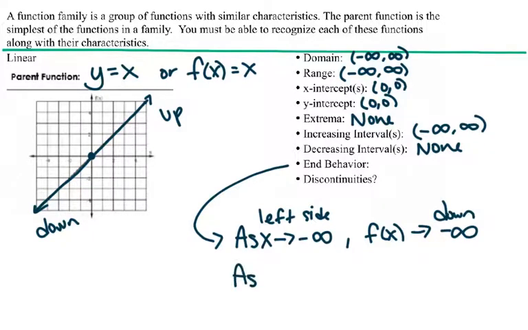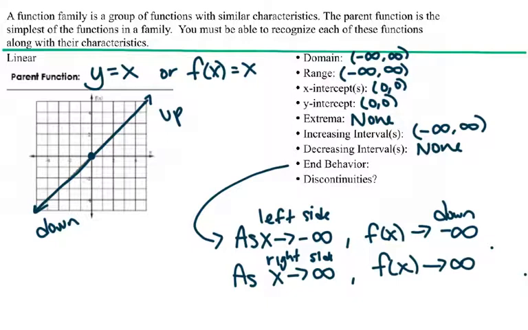If I want to talk about the right side, I would say as x approaches positive infinity, all that means is right side, f of x goes to positive infinity, goes up. Alright. And then discontinuity. So that's any break or like a hole in the graph. And this one is a continuous function, so we would say that there are no discontinuities.